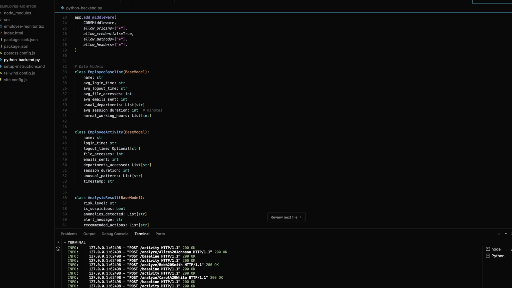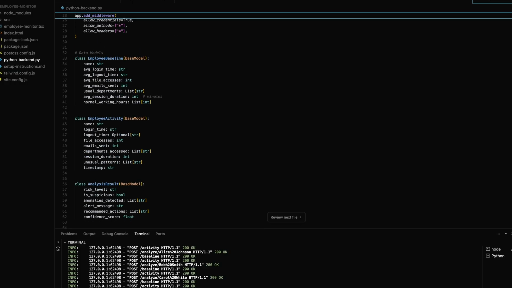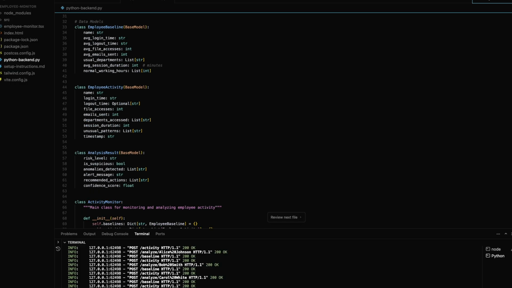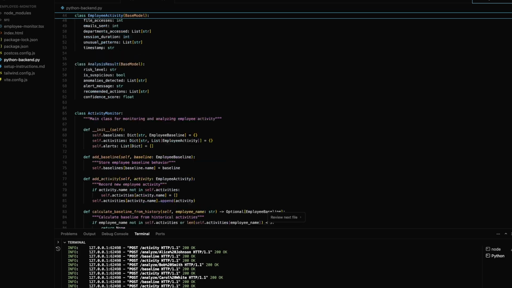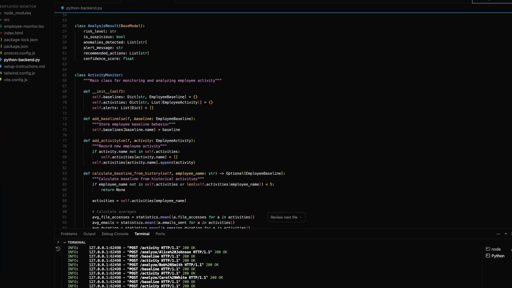It's a backend where I just entered the input manually. I gave the employee names and connected them with some basic activities that they perform, and some activities which I marked as illegal.